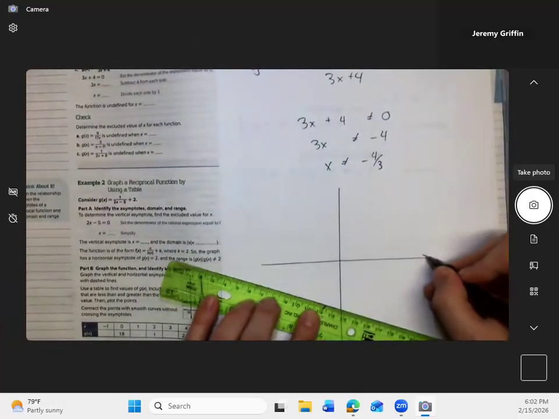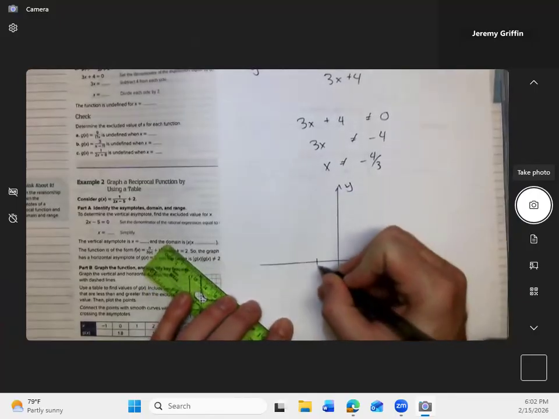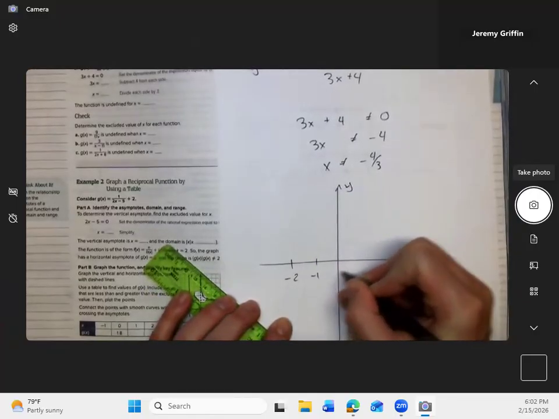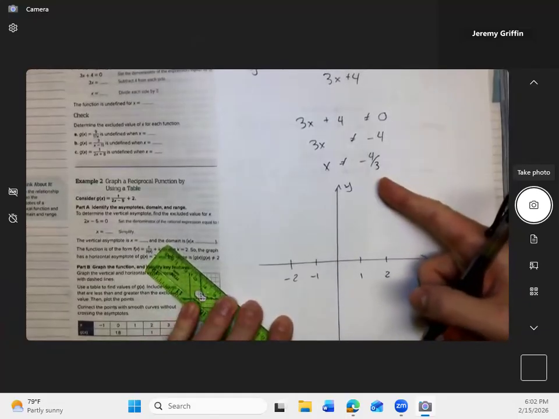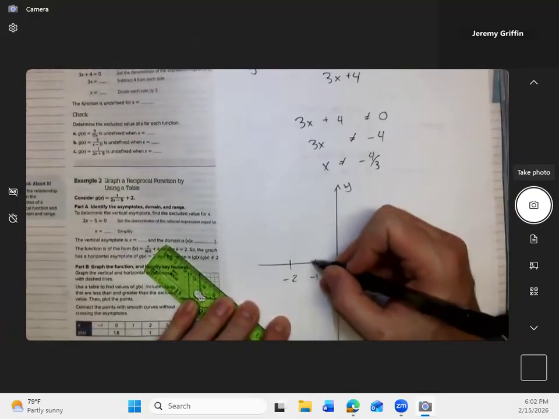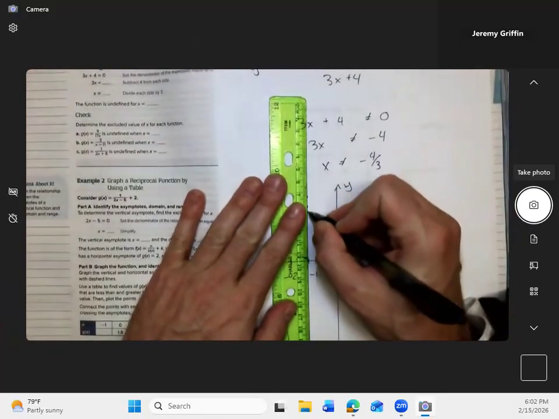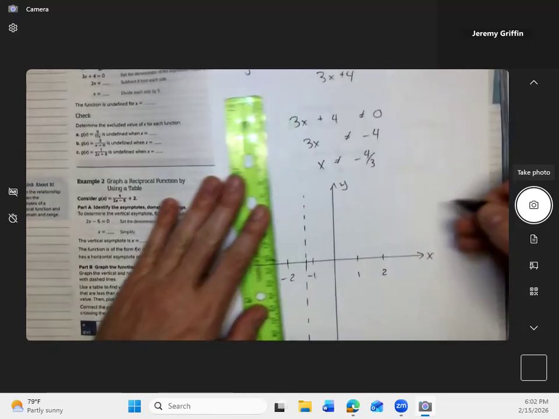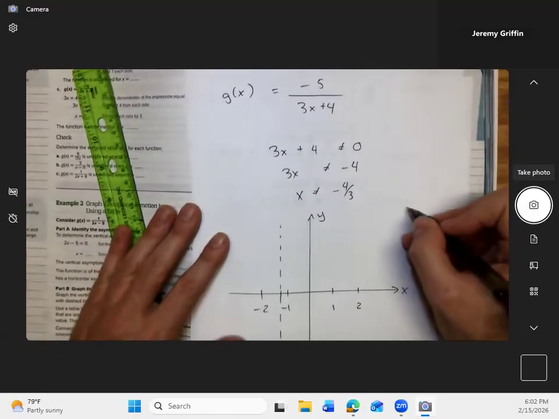Let's draw the x-axis and y-axis. Say this is -2, -1, 0, 1, 2. 4 thirds is like 1.333, and this is negative, so probably right about here. I'm going to create a vertical asymptote. I can always create a table of values and plug in as many values of x as I want.